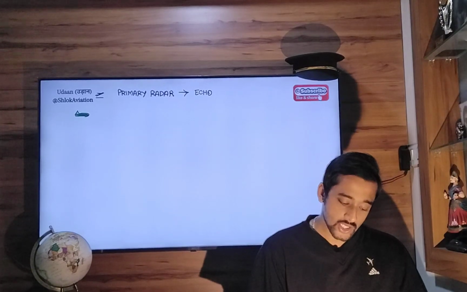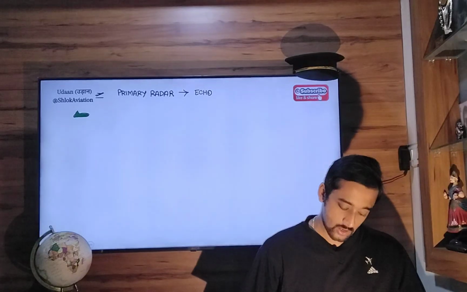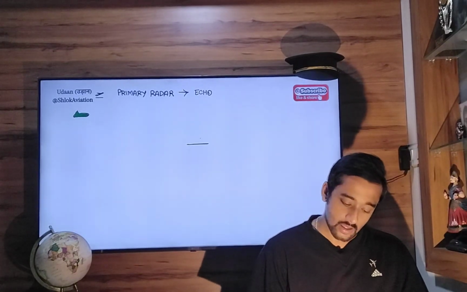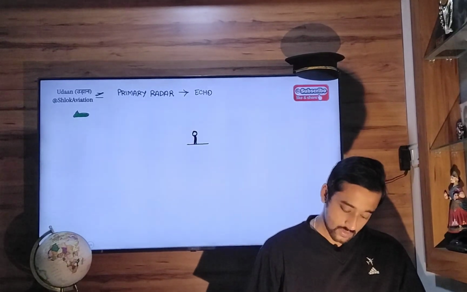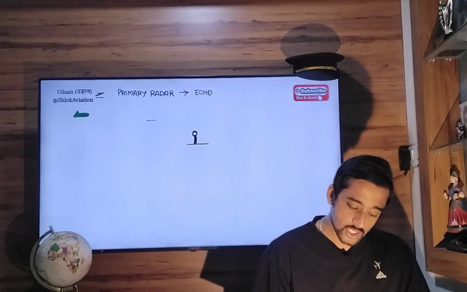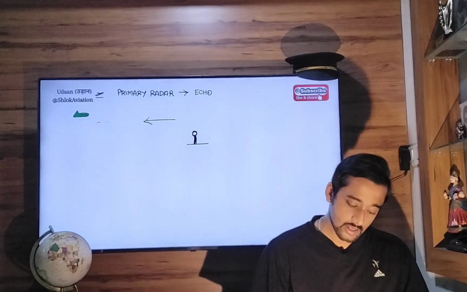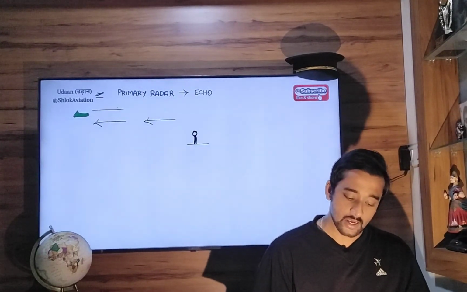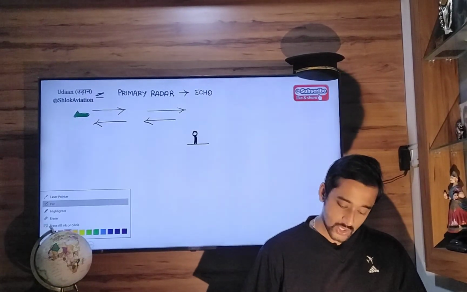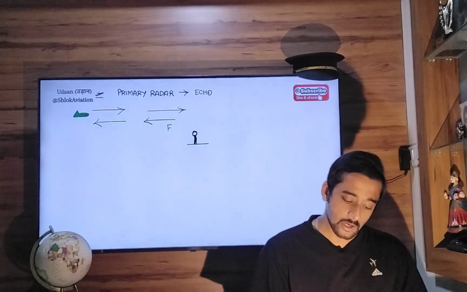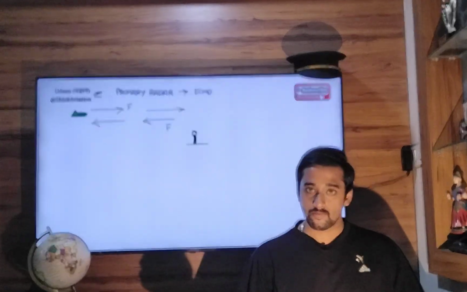The primary radar is going to send a radar transmission in the direction of that aircraft. This radar transmission will go to that aircraft target, strike it, and get reflected back from it. This everything will happen at a particular fixed frequency f.